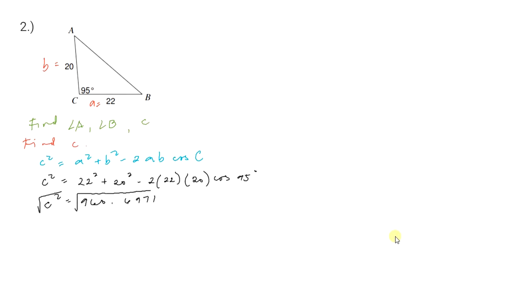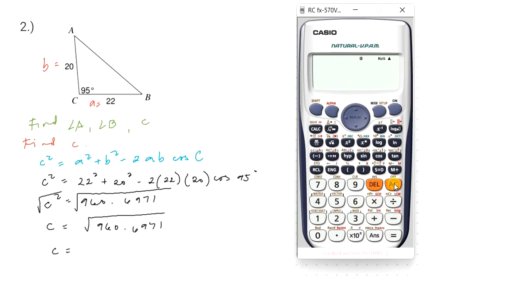Since we have C squared, let's find our side C. C is equal to the square root of 960.6971. Using our calculator, that is equal to 30.9951, again to 4 decimal places.